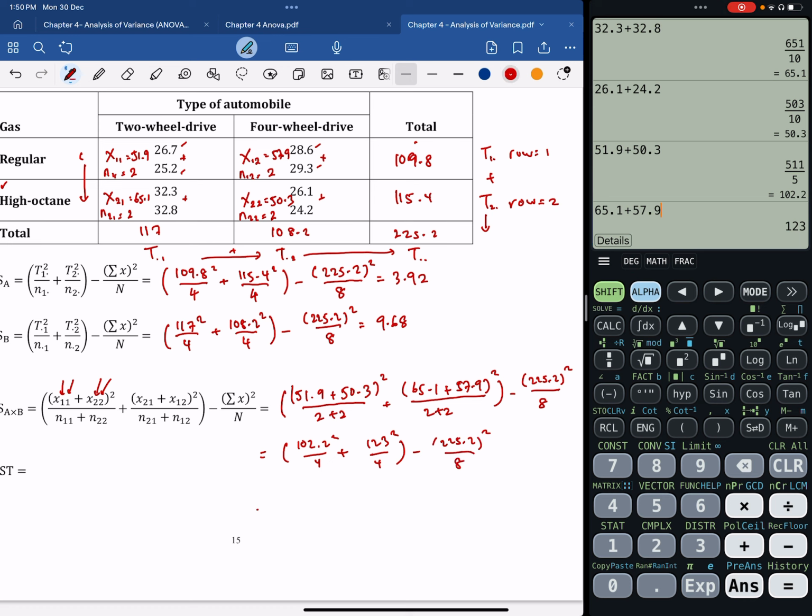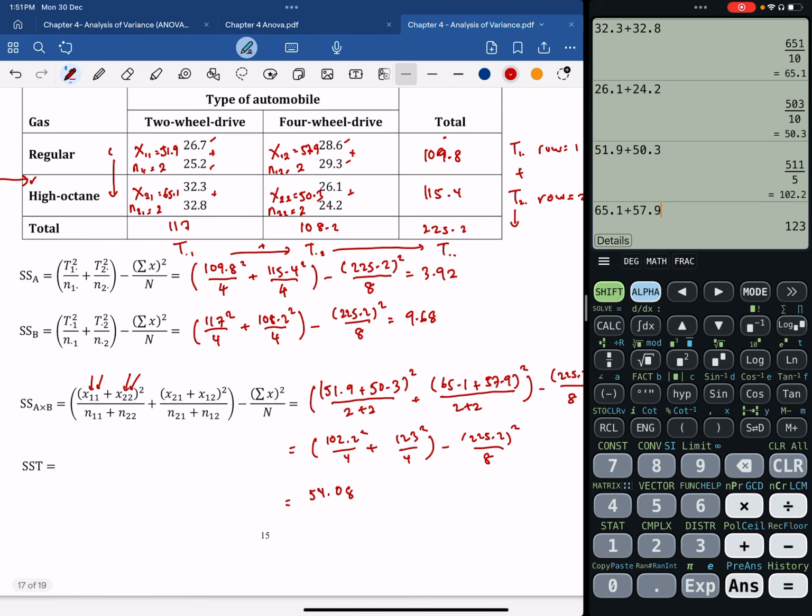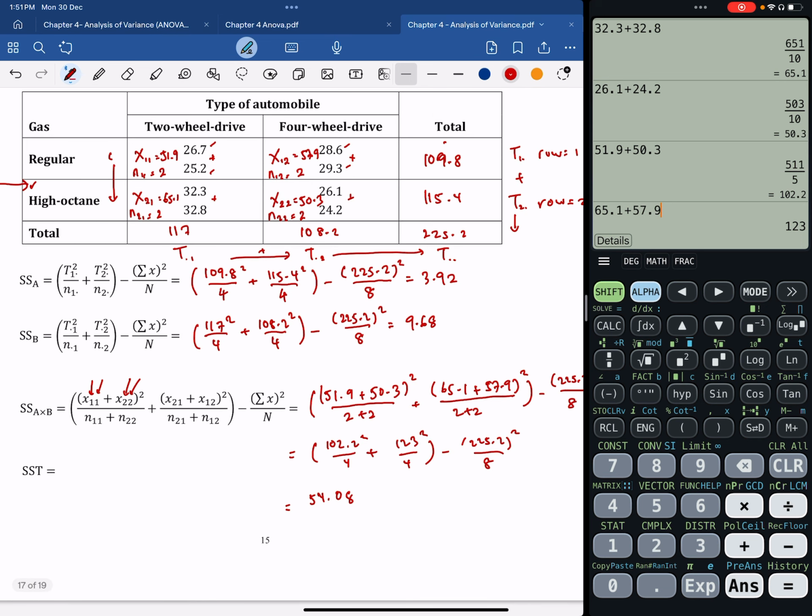And then the answer, you will get 54.08. All right, so that's how you figure out the value for the sum of square of the interaction.